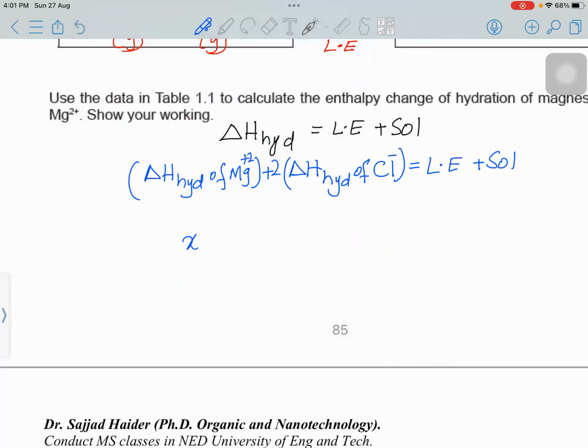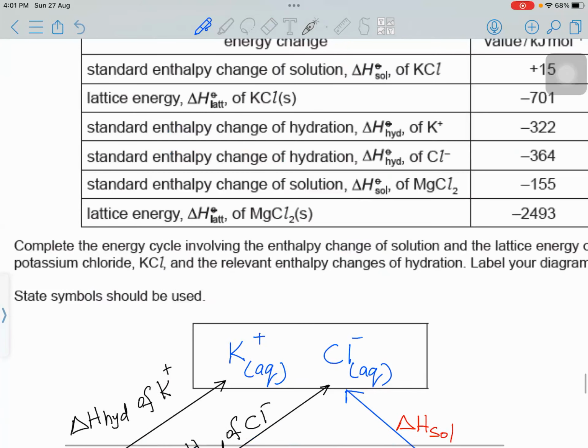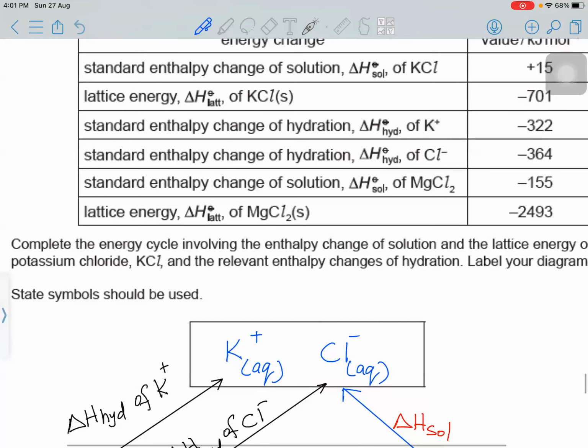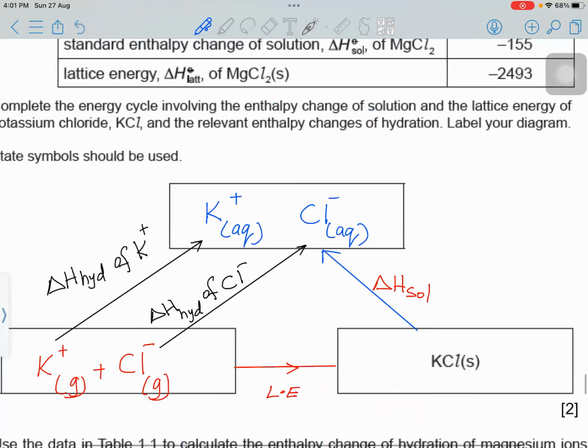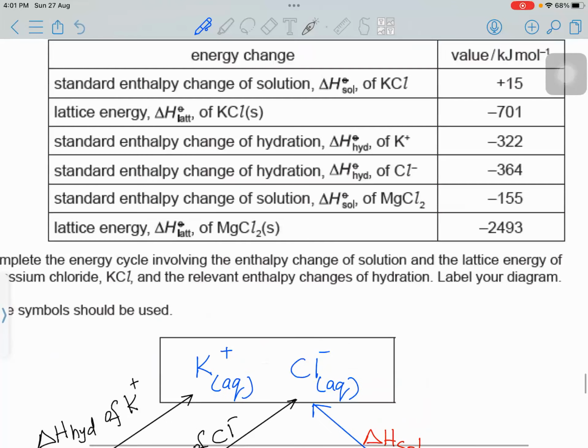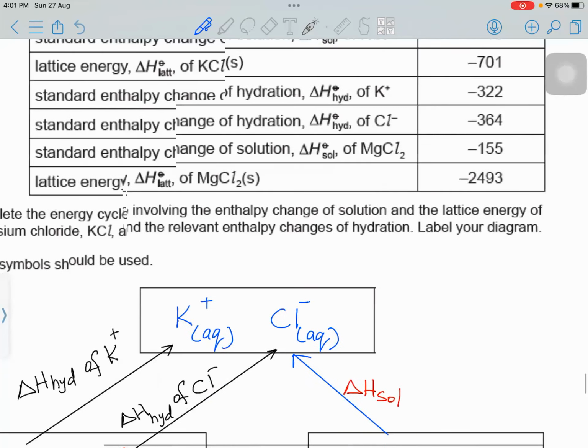So right here, X. Hydration of chlorine is given, minus 364. Lattice energy of magnesium chloride is minus 2493.